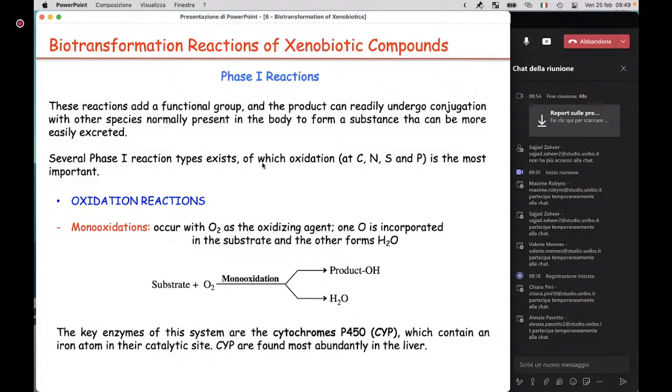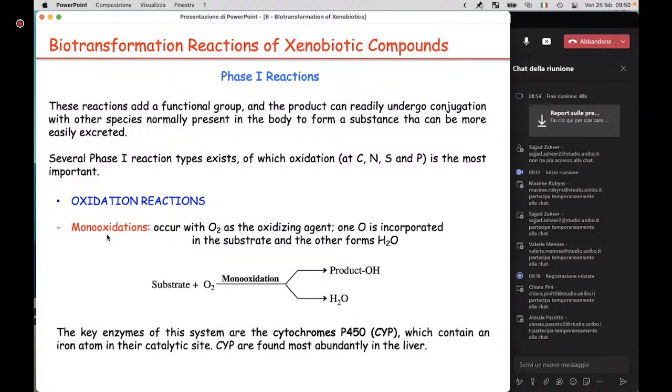One of the most important, probably the most important class of phase 1 reactions is oxidation reactions. Oxidation can happen at most atoms of the molecule, so at the carbon, nitrogen, sulfur, or phosphorus atoms. And we can divide oxidation reactions into subclasses.